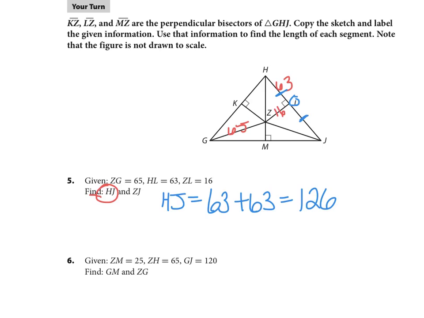Now it wants us to find ZJ. ZJ, well, ZJ is equal to ZG, so I know ZJ equals 65. And that's all there is to using those.